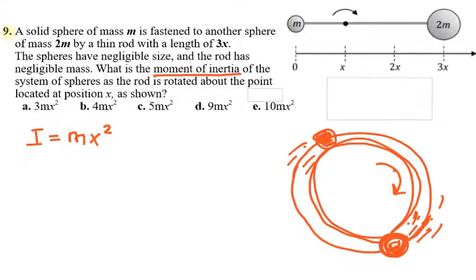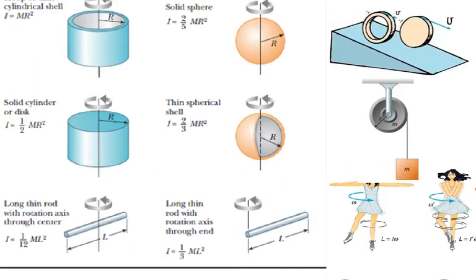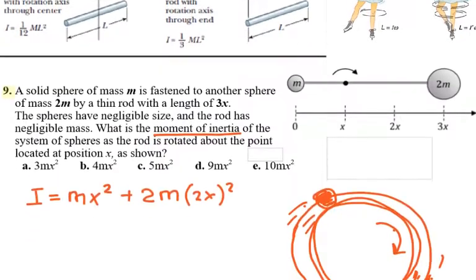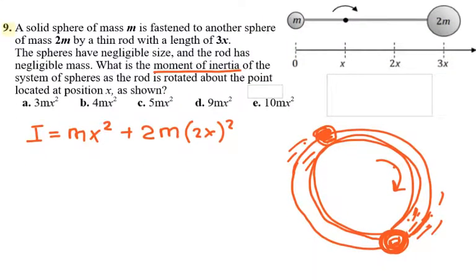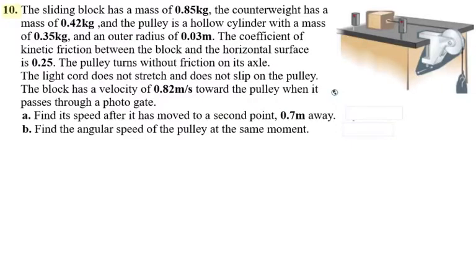It's mr squared, about the point of rotation, plus 2m and 2x squared. So I'm using this formula for the hoop, mr squared, right? And if I calculate what the moment of inertia is equal to, I'm going to get 9mx squared.